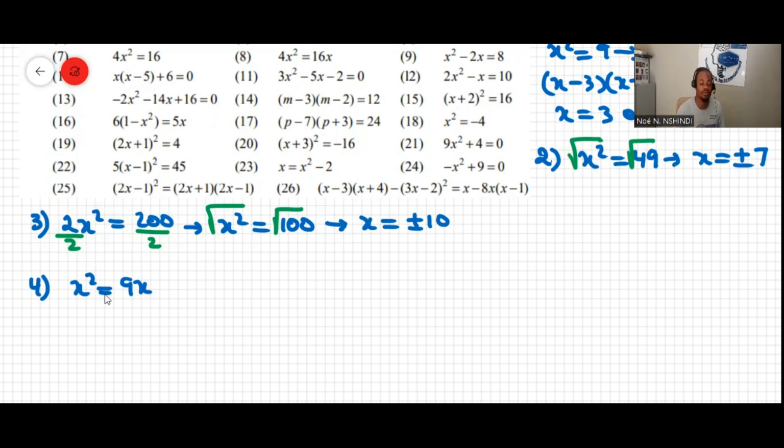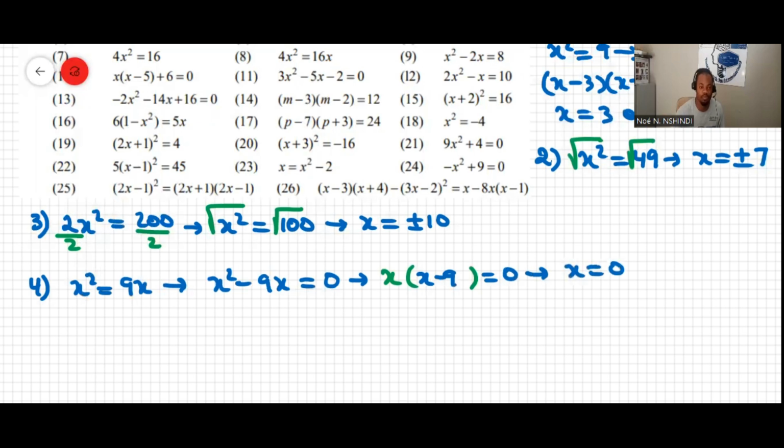So we cannot square root both sides here, but rather move the 9x over, it becomes x squared minus 9x equal to 0. Then we can look at the highest common factor between the terms, which is x. And then it's going to be x times (x minus 9) equal to 0. Now this means that x is equal to 0 according to our property, or x equal to 9.